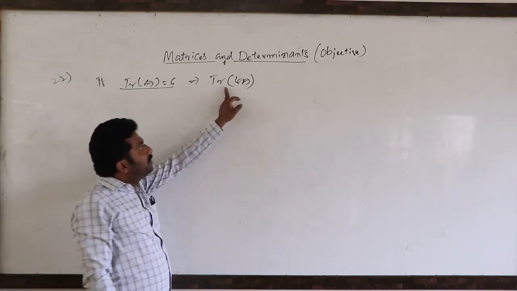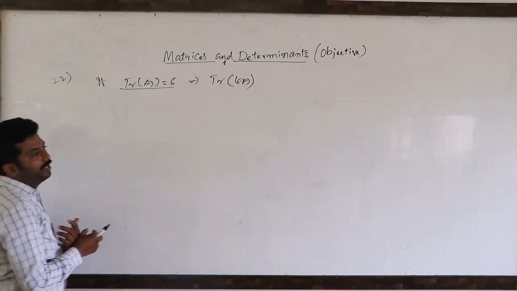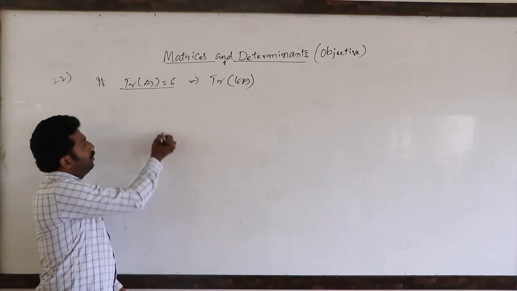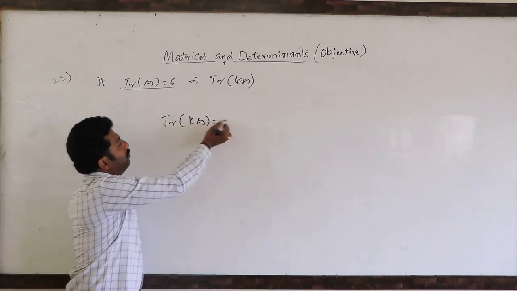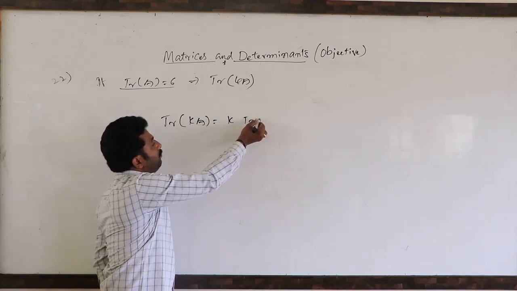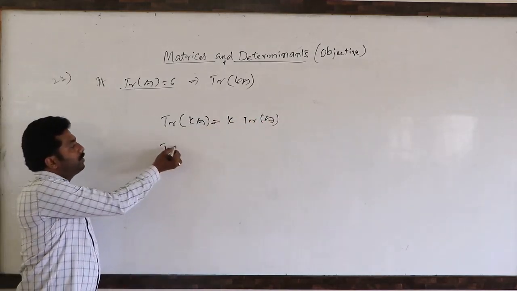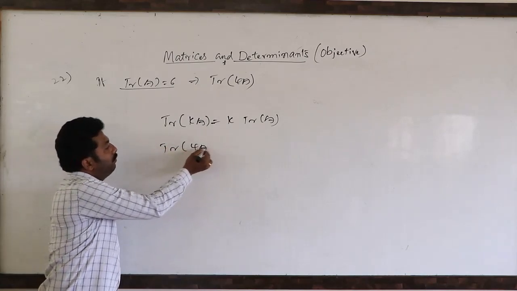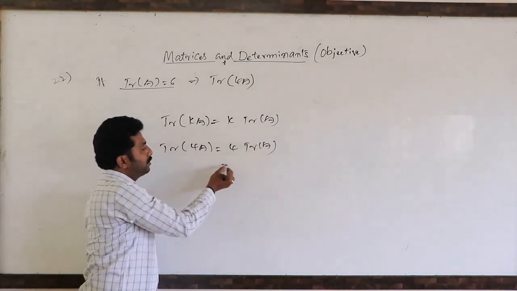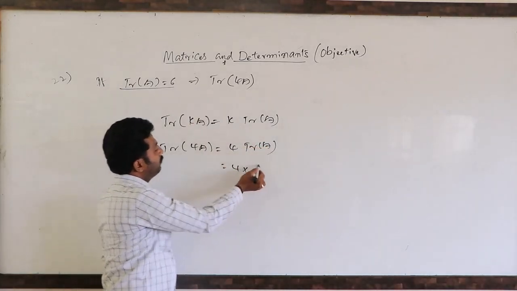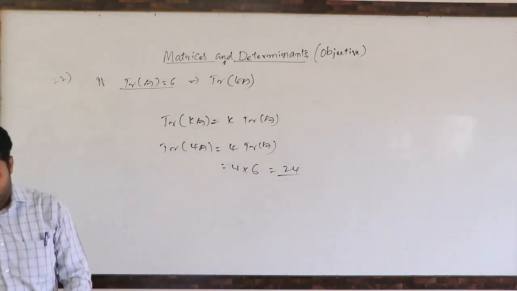Then what is the trace of 4 times that matrix, that is scalar multiplication of a matrix. One formula: trace of kA equal to k into trace of the matrix. According to this concept, trace of 4A equal to 4 into trace of the matrix, which is 24. So like that we have to answer.